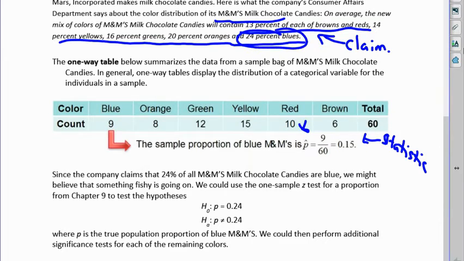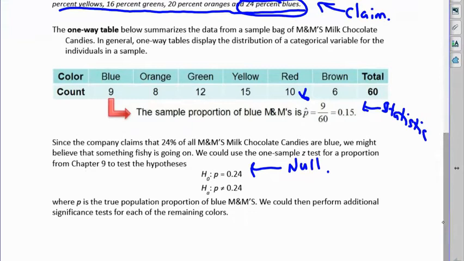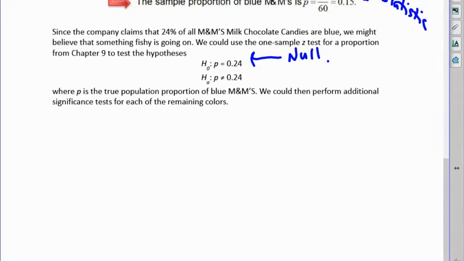Now, we could do a one sample Z test for a proportion to compare blue to the null hypothesis of 24% blue. That would only tell us about the blue. Then we'd have to run the test again to look at the orange, and again to look at the green, and again to look at the yellow, and you get the idea. We would basically have to do 6 tests.